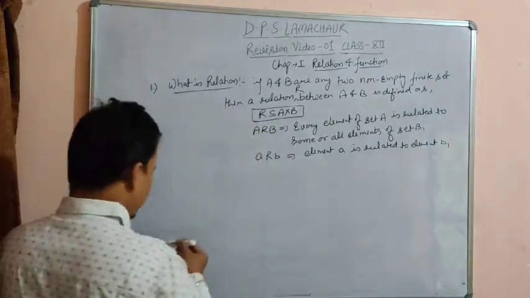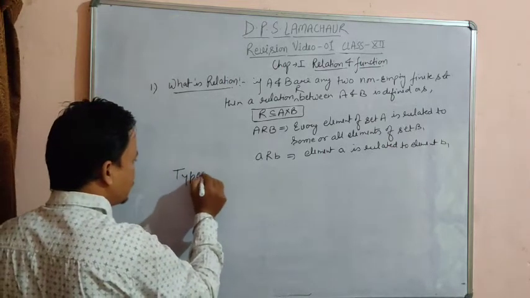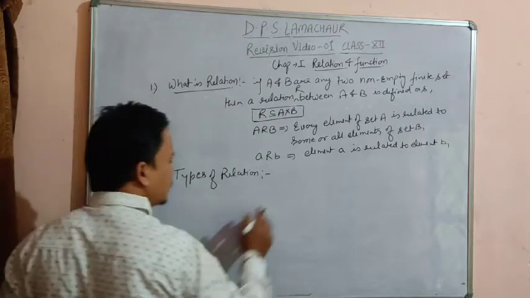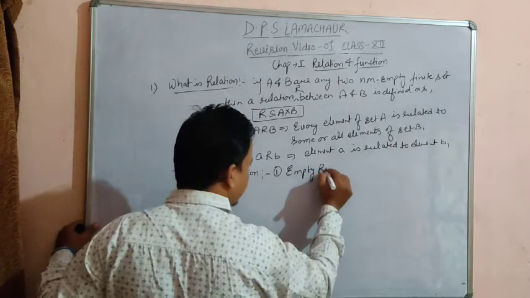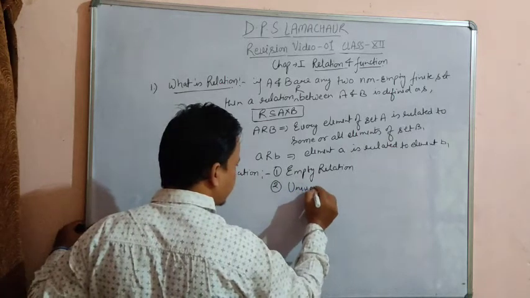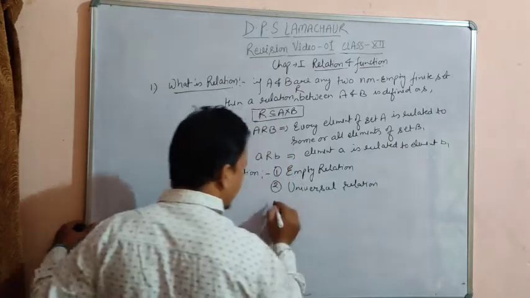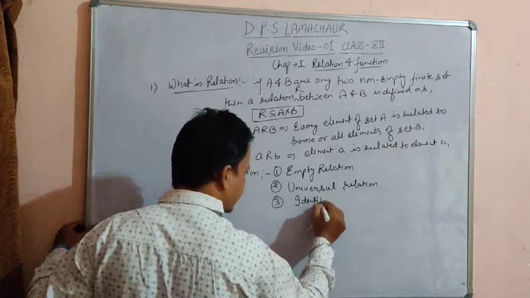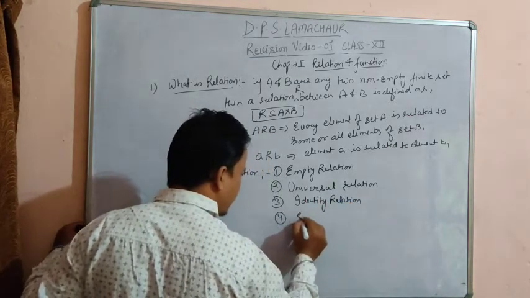Now, types of relation, which I have discussed with you earlier. The very first is empty relation. Second is universal relation. The third one is identity relation. Fourth is equivalence relation.